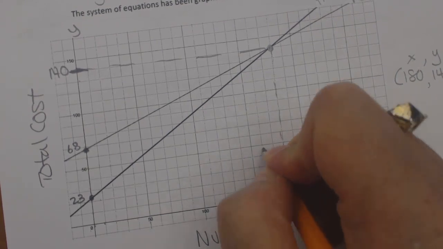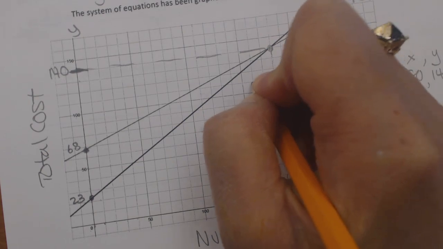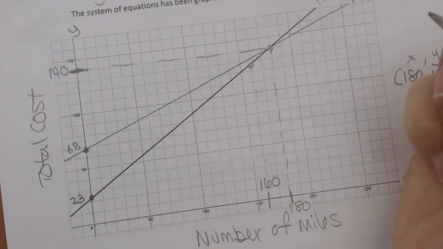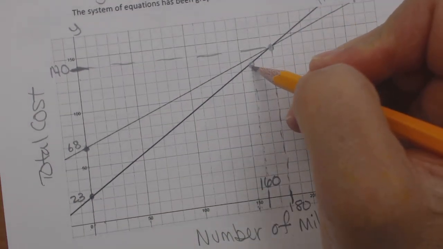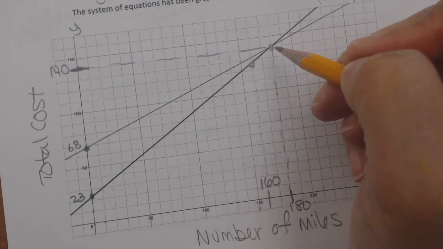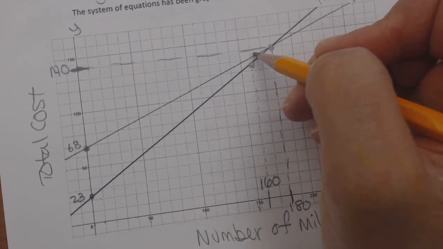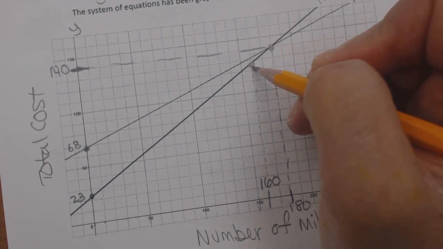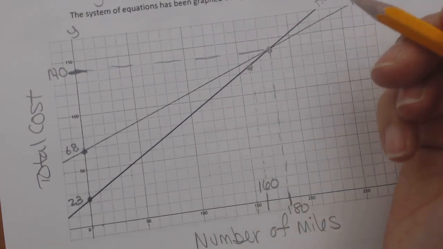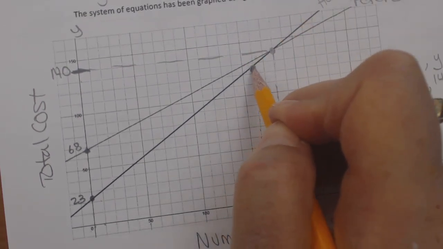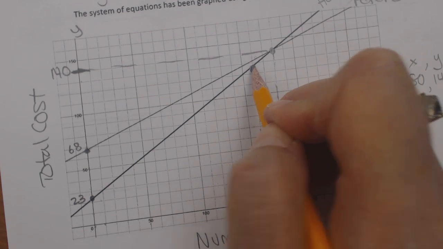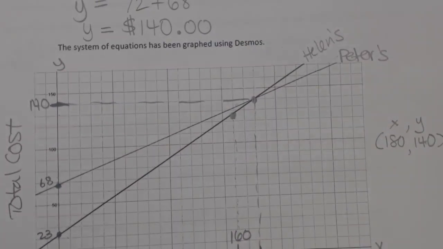So let's follow this up here. And we're looking for the lower one. So that's going to be the first one. So this is the lower line. If we wanted more, then it would be the one above, the higher line. But we don't. We don't want to pay more. We want to pay less. So this is the lower line. This line is the bold line, and that's Helen's.